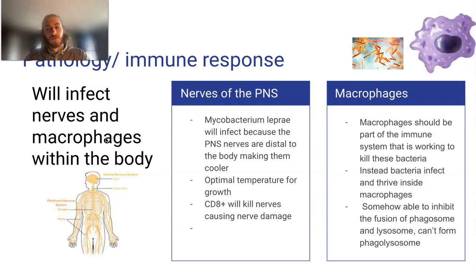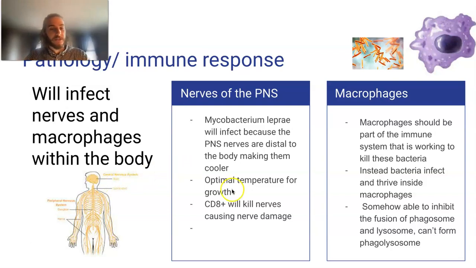Because your peripheral nerves are distal, further away from your core temperature, it's a little bit cooler. Inside of those nerves is really the optimal temperature for Mycobacterium leprae growth. And so the bacteria is going to infect the nerves.